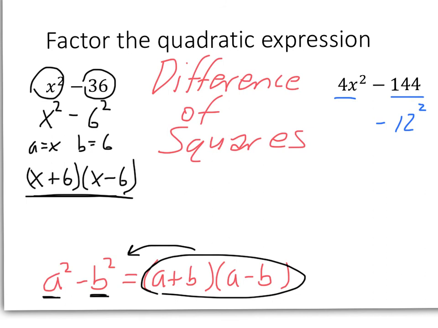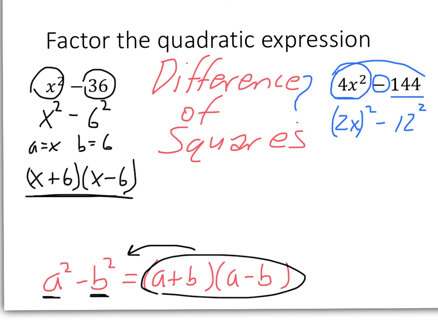This one may not be as readily apparent, and some people might even want to take something out of these two, like a GCF, but your first thought when you see a binomial and a minus sign should be, hey, is that a difference of squares? Let's check and make sure. And in this case it is. It's 2x squared.